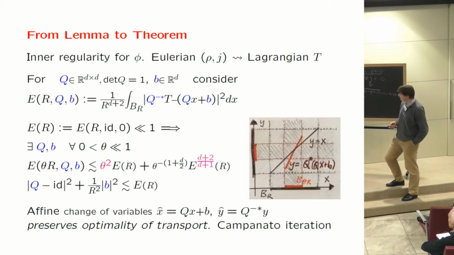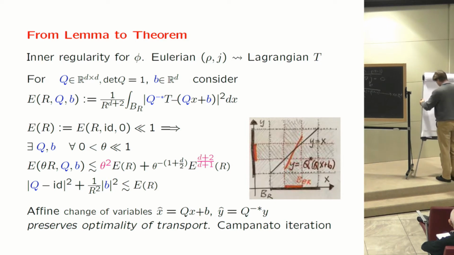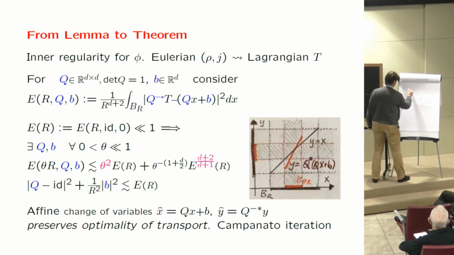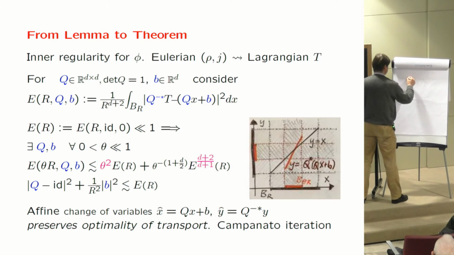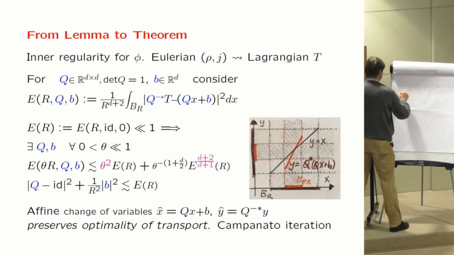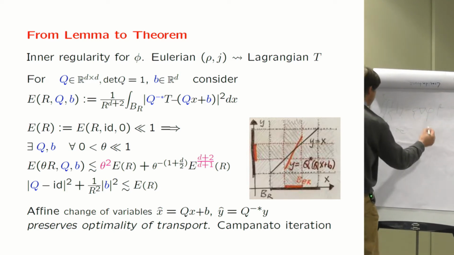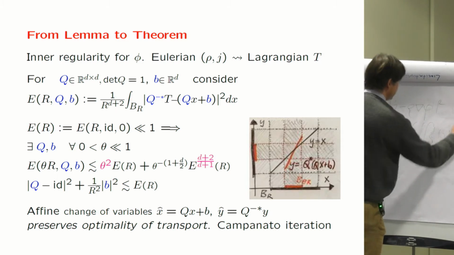So once you have this theorem, perhaps I can write it down here. So again, the statement is that you look at the difference between the flux and rho times the gradient of a harmonic function. You look at the usual kinetic energy expression on B1. This one is estimated, up to a universal constant which only depends on dimension, by the transportation distance in the B2 ball to a power strictly larger than 1.